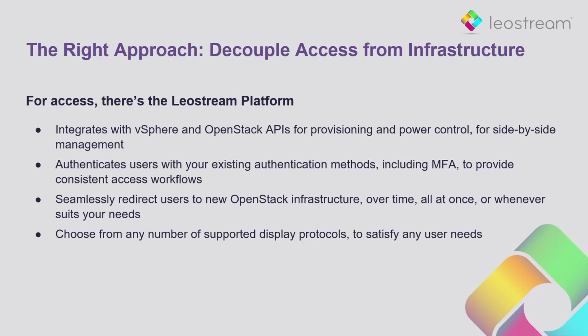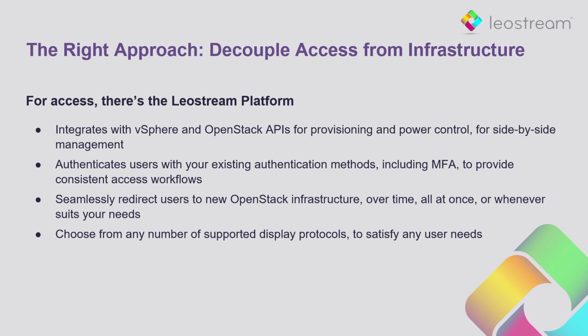Our platform supports both vSphere and OpenStack via an API integration, and that gives you very strong provisioning. It gives you power control over the instances. And what you can do is manage them side by side in this single plane of control, which is the LeoStream access, so that you can authenticate users using your existing authentication methods into LeoStream, and then you can redirect users slowly over time as you build out your OpenStack infrastructure from your VMware VDI instances over to the OpenStack.